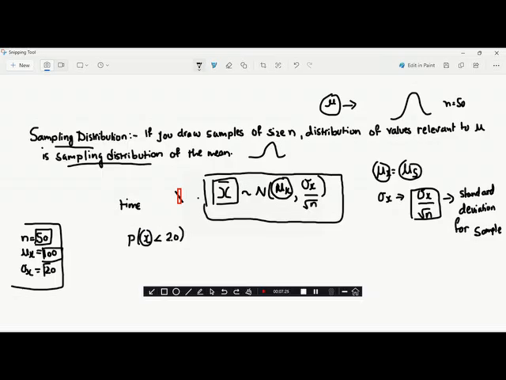Your standard deviation, this is the variation. So every time you take a sample, let's say sample one, sample two, sample three, the means will be different, right? So the sample mean may be 20, it may be 40, it may be 60.